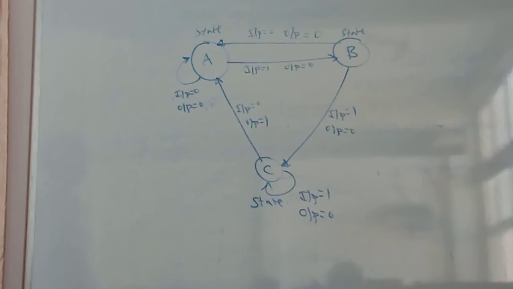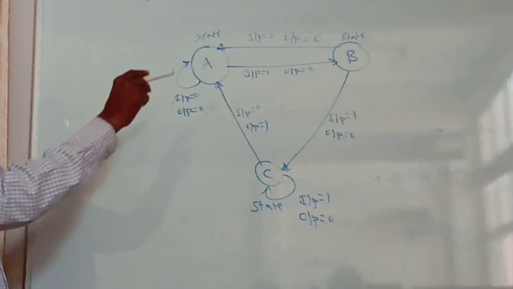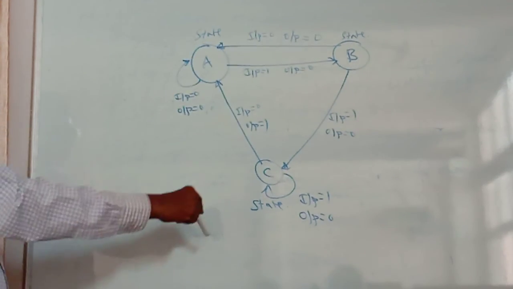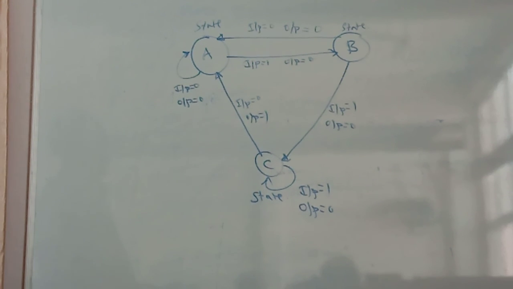This finite state diagram directly indicates the flow of information from one form of the system into another form, one state into another state. In this way, state machine can be explained.